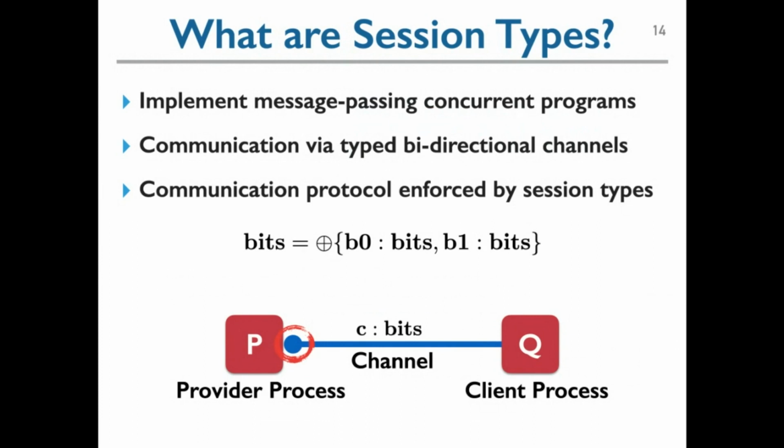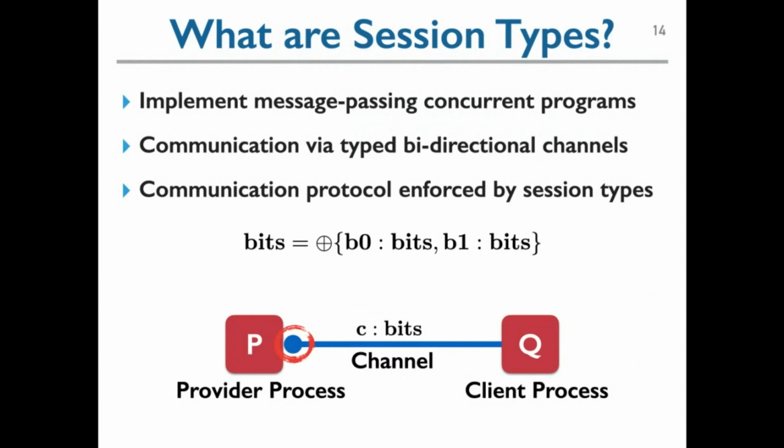So think of the provider as like a child process for the client. And so the client has to exist first before the provider. So that's one difference. And there is an asymmetry between how the channels are perceived.